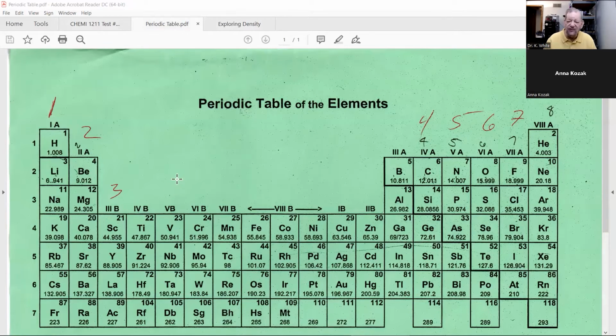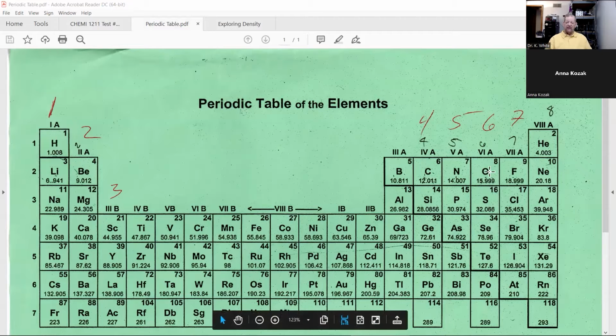All right, let's take a look at the periodic table. When you move from lithium to fluorine in any row, left to right, they become more electronegative. When you go from bottom to top, it becomes more electronegative.